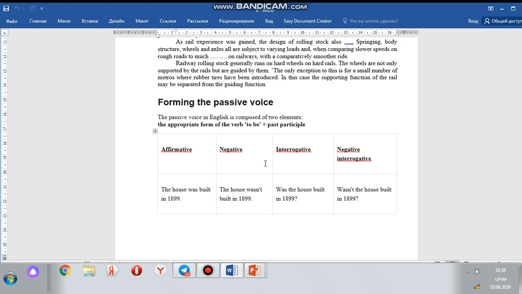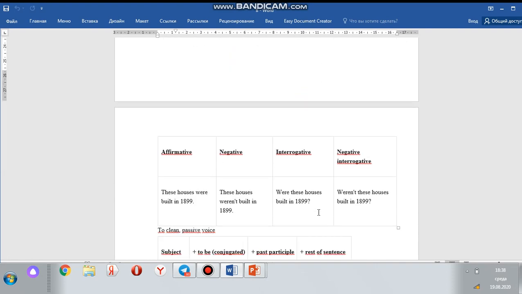Dear students, as you see, this is to be in the past, and this one is past participle. To be in negative and past participle. To be in interrogative form and past participle. To be in negative interrogative form and past participle.